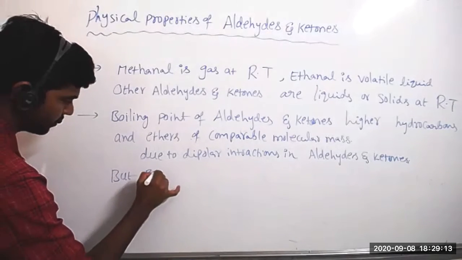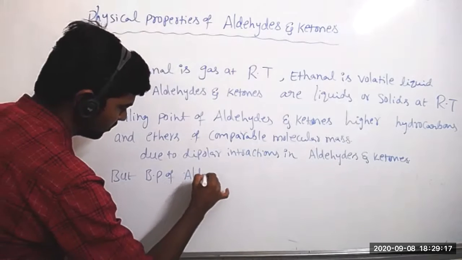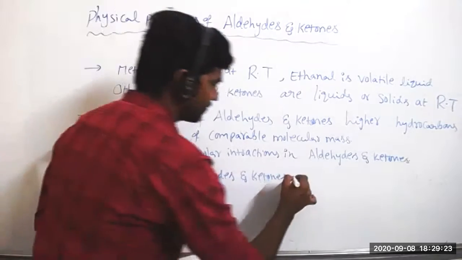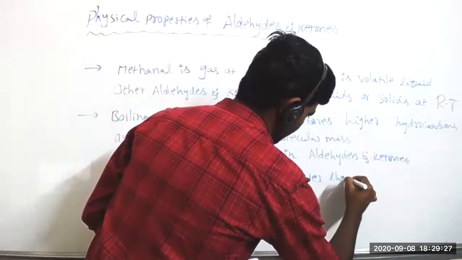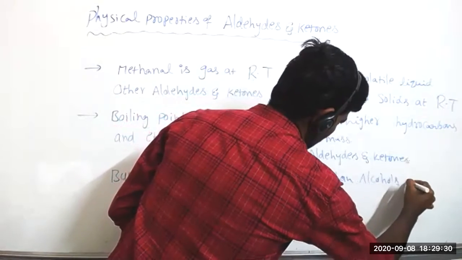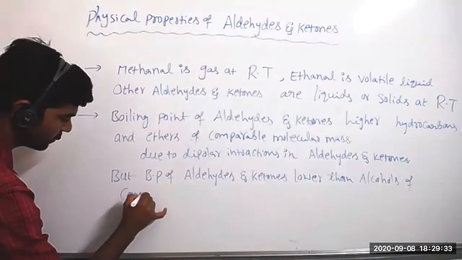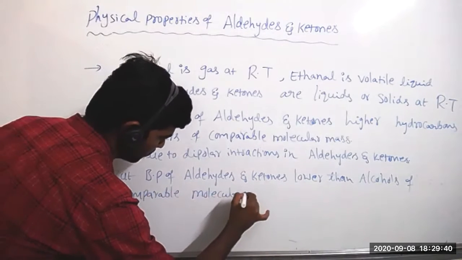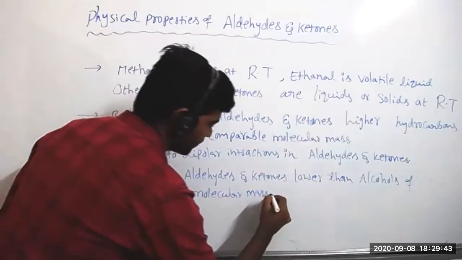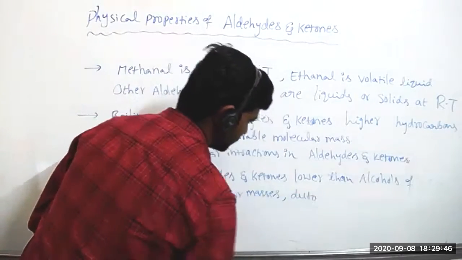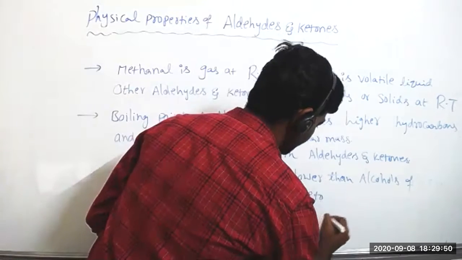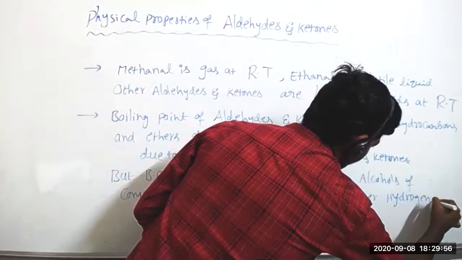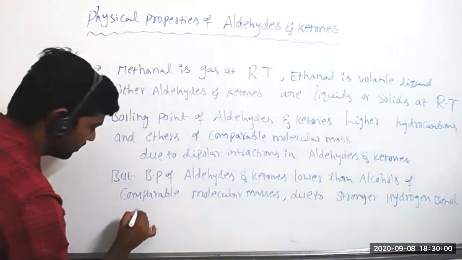But the boiling point of aldehydes and ketones is lower than alcohols of comparable molecular masses, due to stronger hydrogen bonding in alcohols.